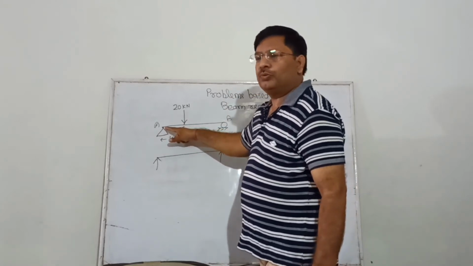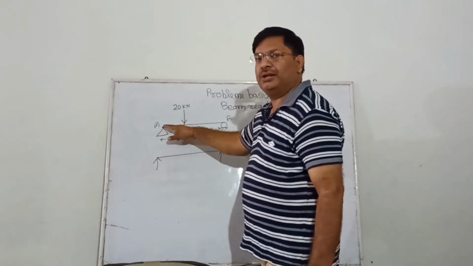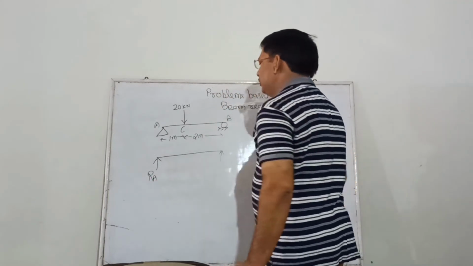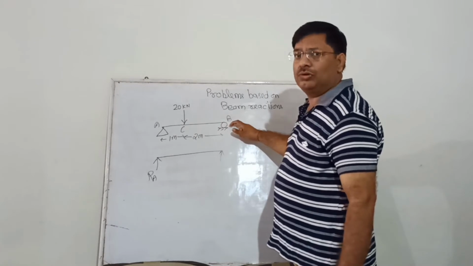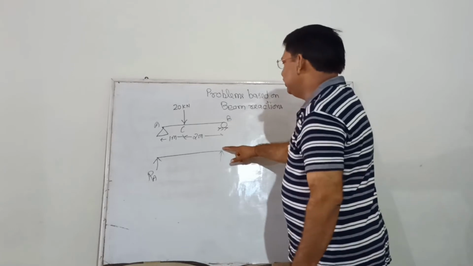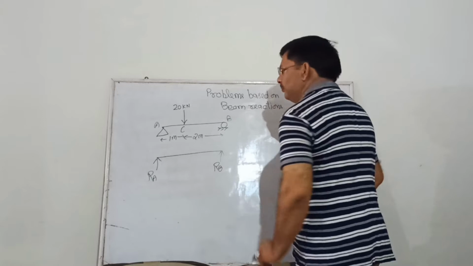In case of simple support we take only one vertical reaction. Now since the reaction is acting at point A, we will give it the name RA. Similarly at point B we have the roller support. In case of roller support we will have to take one vertical reaction. So the reaction is acting at point B, so we will give it the name RB.